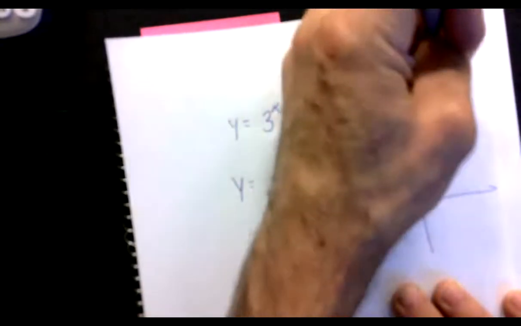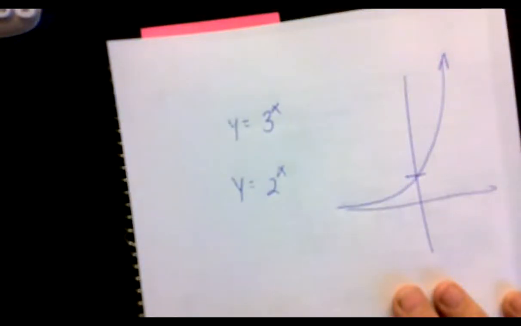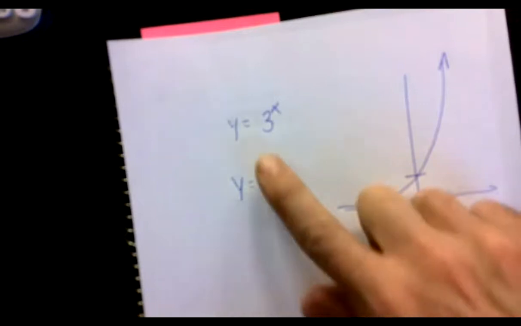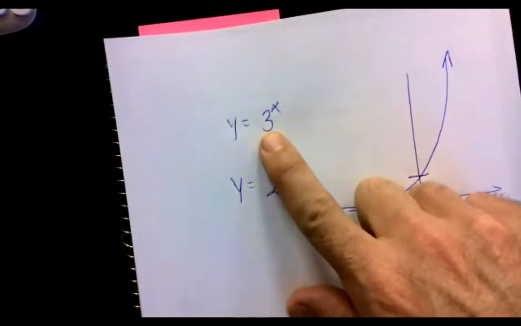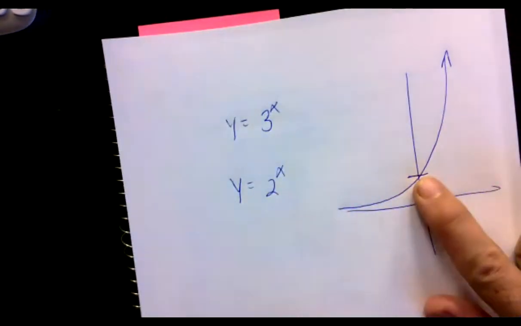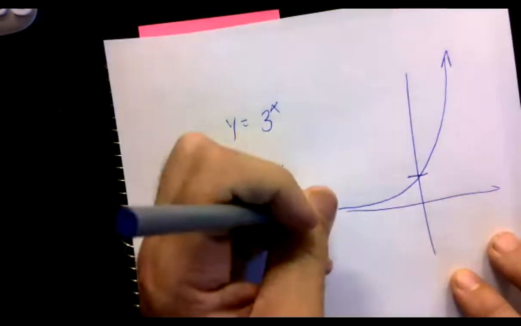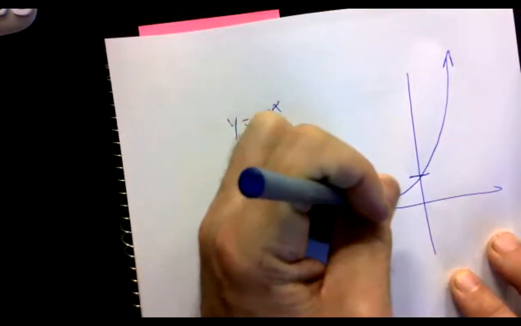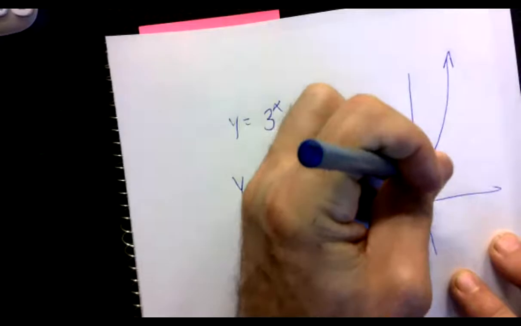So 2 to the x is going to be very flat. It's going to cut through at 1, and it's going to go up like so. That's a typical exponential function. If the base number increases, you're just going to get a faster rising curve. You're still going to get the same asymptote, and you're still going to go through at 1. It's just going to be a steeper curve.